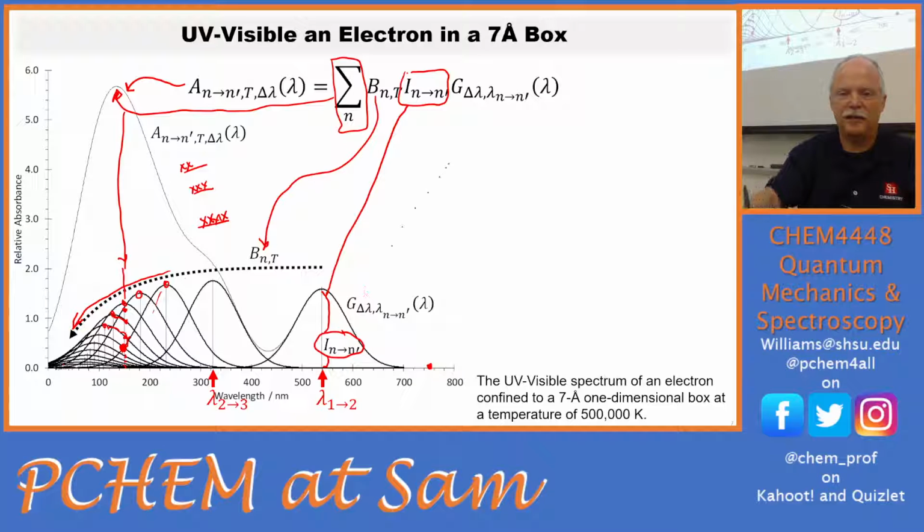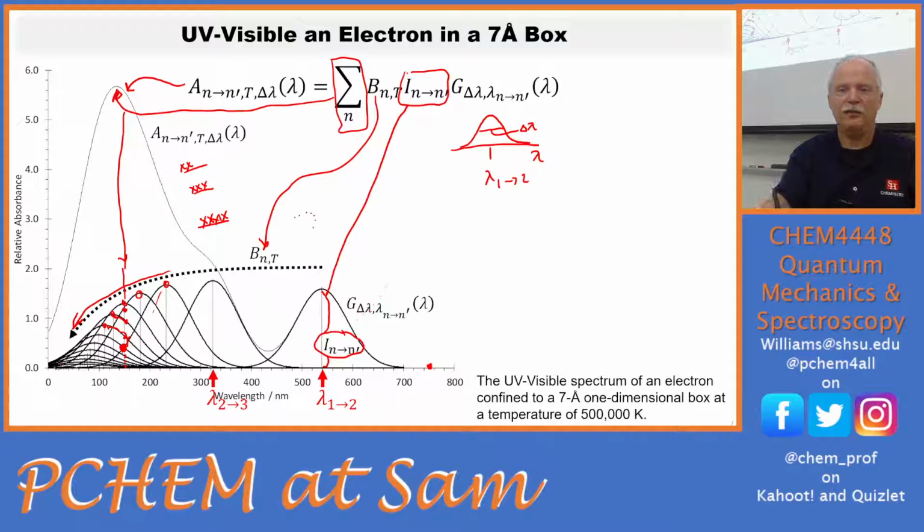And then this Gaussian is the peak shape. It's this right here, and it has a certain delta lambda, a certain uncertainty about this wavelength position. It's centered at lambda, say 1 to 2, and it's a function of wavelength on the x-axis.